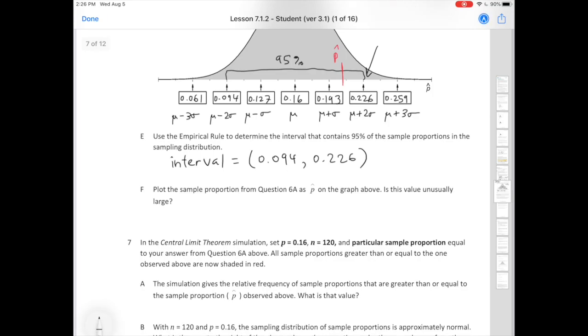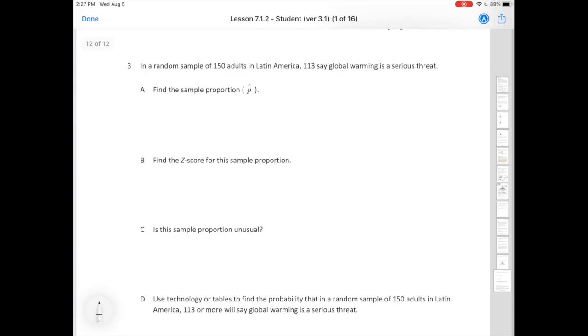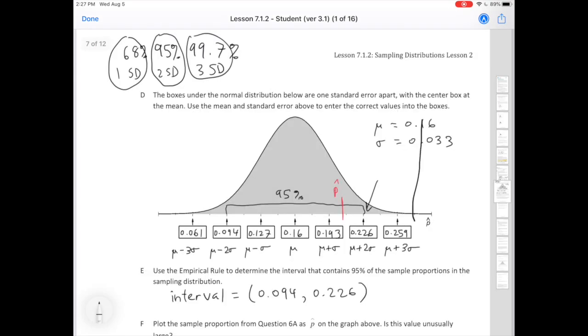Okay, so let's go ahead and let's write that down. No, p hat, which is 0.2, is not unusually large. Sorry about that.